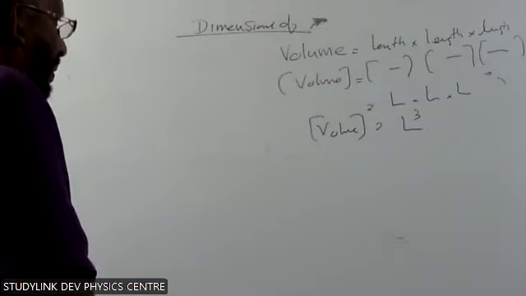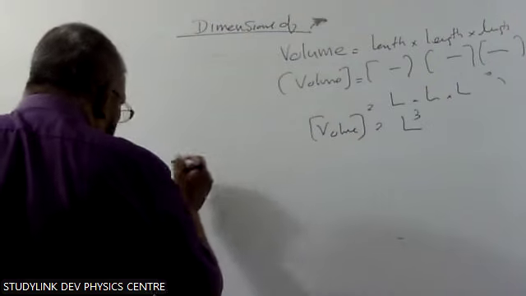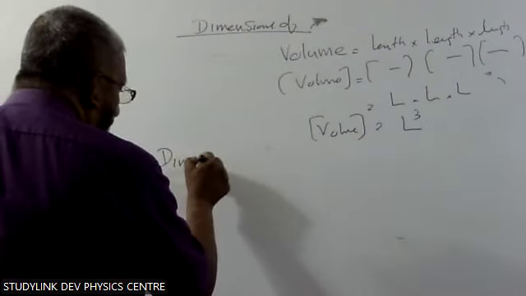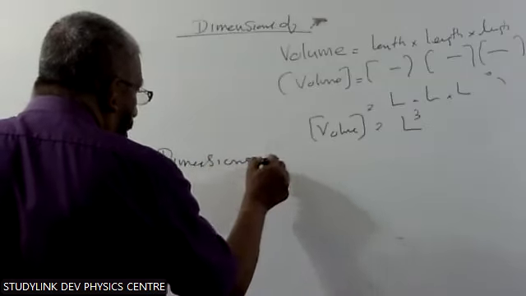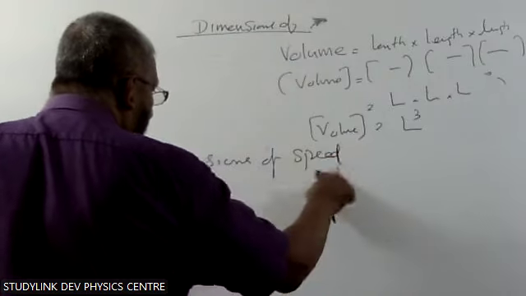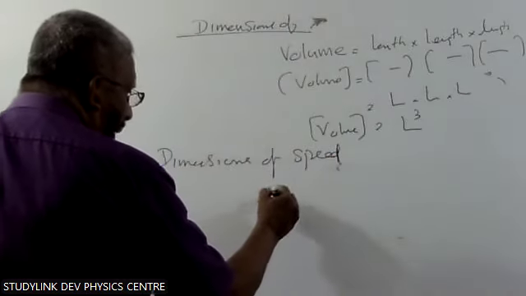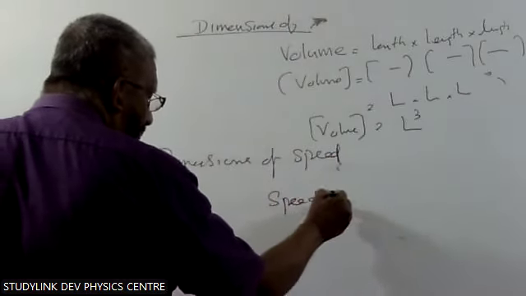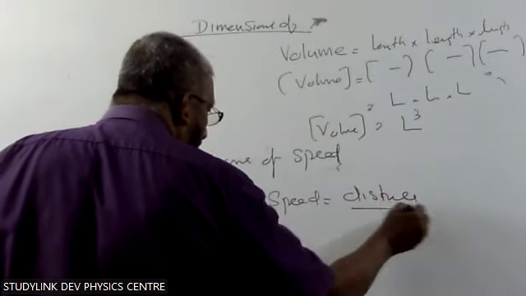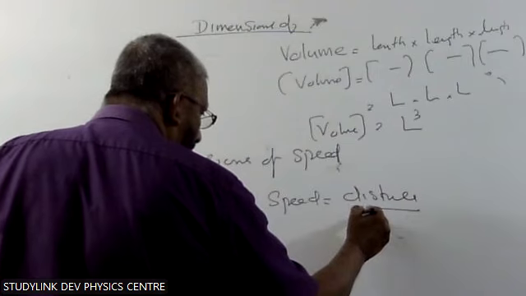Fine. Next one, dimensions of speed. Sometimes the full question is given like this. Speed is distance divided by time.